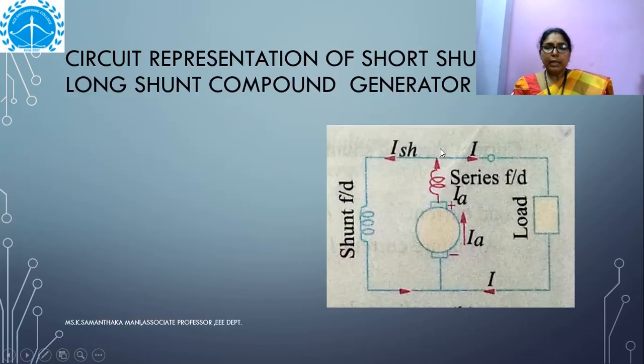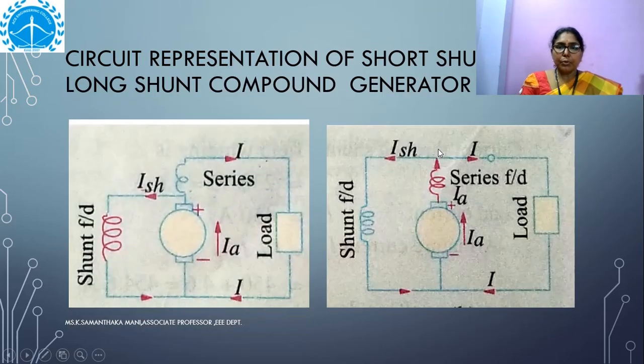Now, we'll move on to the next one, the circuit representation of short shunt and long shunt compound generators. I mention the diagram of short shunt first, and earlier we have seen the difference between short shunt and long shunt. In this compound generator, both windings will be there, the shunt field winding and the series field winding, but the only difference is how the field windings are connected across the armature.